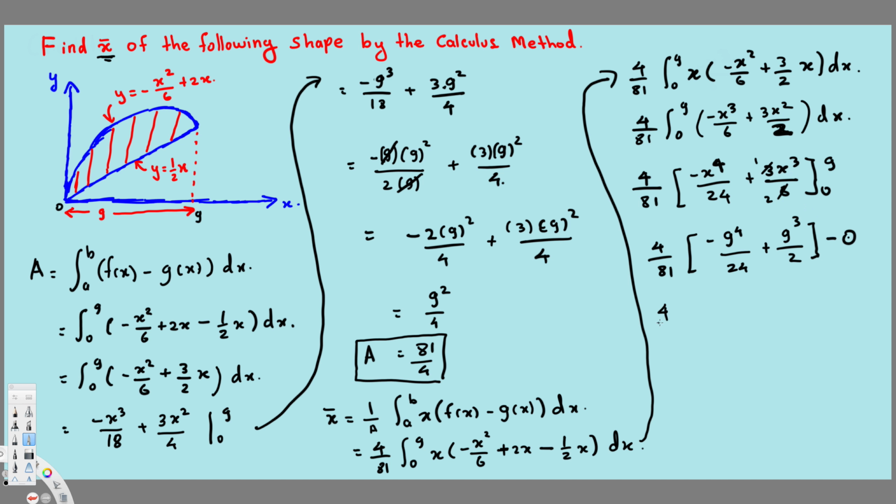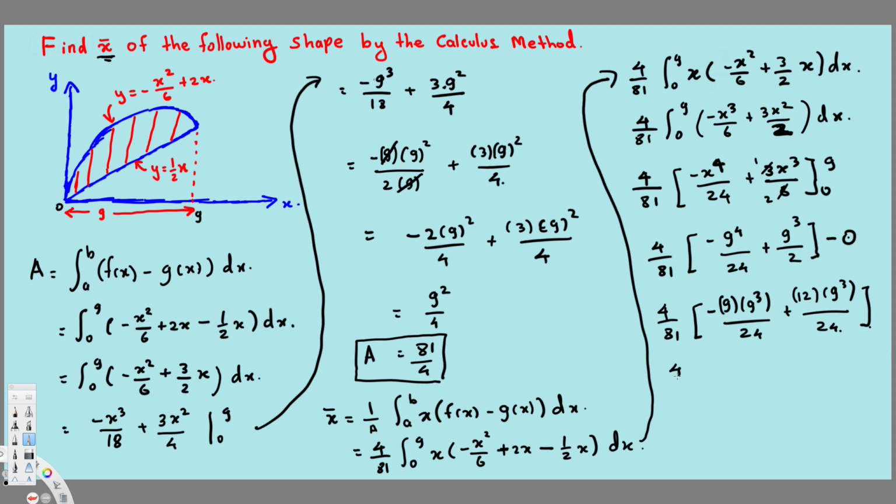So 4 over 81. Here I can separate this one into two parts, like 9 times 9 cube, and at the bottom we have 24. If I take 24 as the common denominator, this is going to be 12 times 9 cube divided by 24.